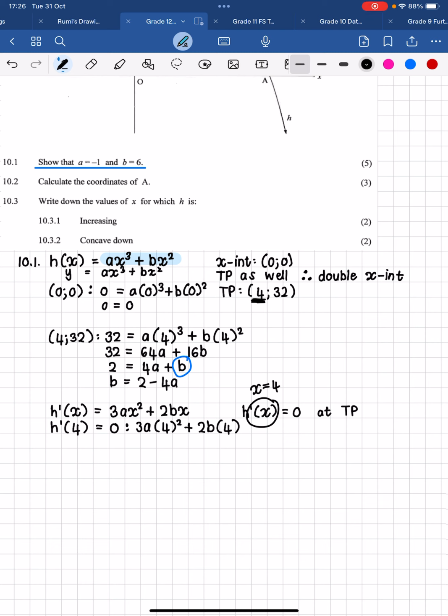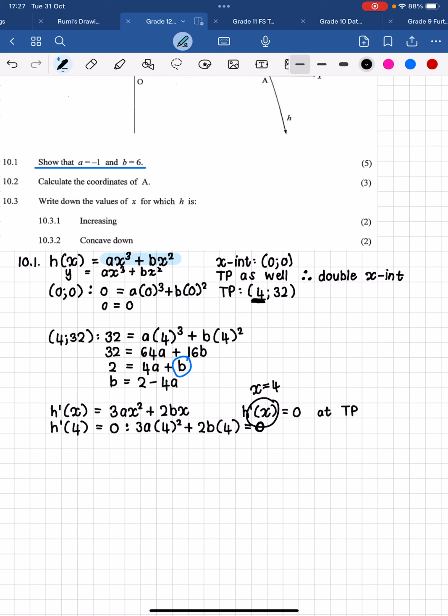And the derivative at the turning point is equal to 0. See if that makes sense. Right? Derivative. How do we find the turning point? By making the derivative equal to 0. Now I'm making the derivative equal to 0 at the x value of the turning point.